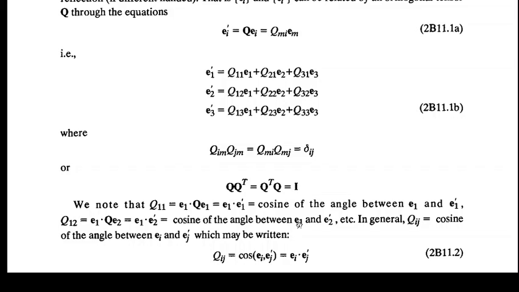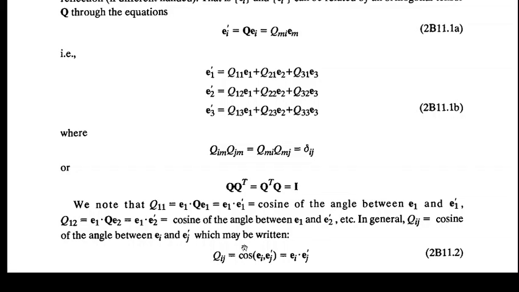Now if we want to calculate Q11, we will have to take the dot product with E1. So this would be E1 dot QE1, and the right hand side will be equal to E1 dot E1 dash. QE1 dot E1 is equal to E1 dot E1 dash, and this is simply the cosine of the angle between E1 and E1 dash.